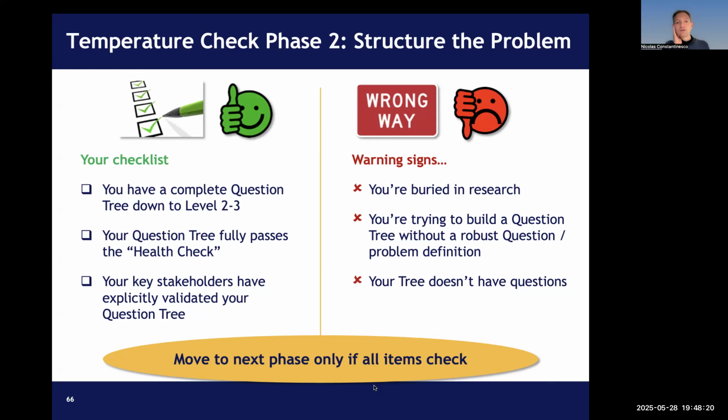Or your tree doesn't have questions, so it's a tree but not with questions. Or lastly, your tree has data mining questions as opposed to solution focused questions. That's just creating a lot of work for yourself down the line.